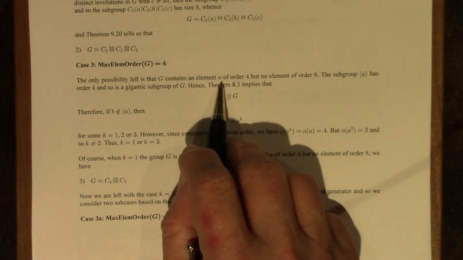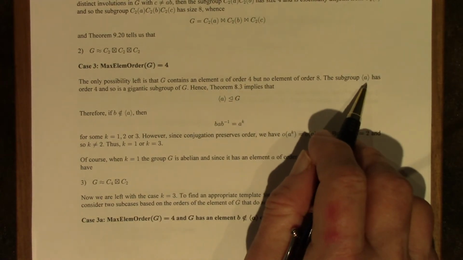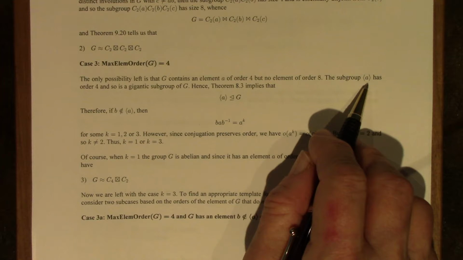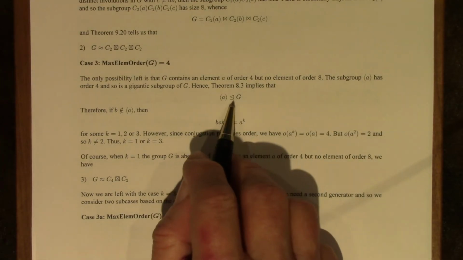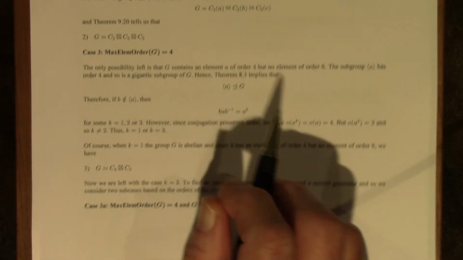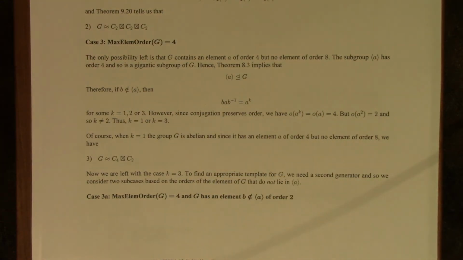If A is the element of order 4, then this subgroup has order 4, so it's a gigantic subgroup of G, and therefore it's normal in G. So we have, in this case, found a normal subgroup, and that's going to be a big help.